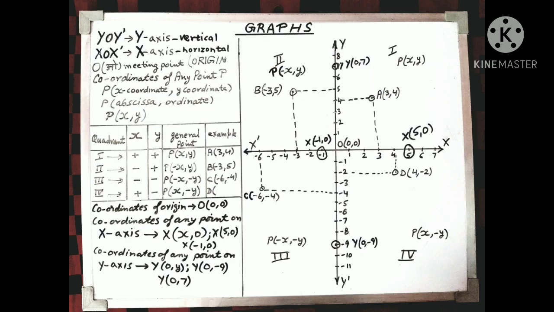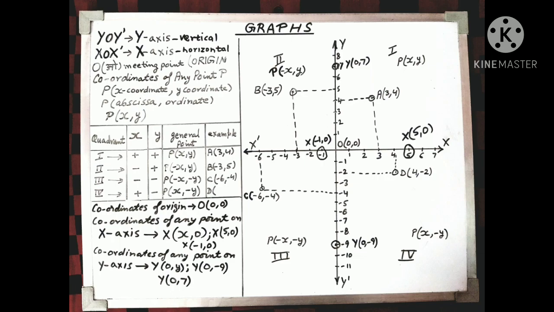Similarly, if we have any point on the y-axis, the coordinates will be (0, y), because we will not have any x coordinate over here. We will have only the y dimension, right? Say for example (0, 9) or (0, 7) or (0, -9), any point you can say.